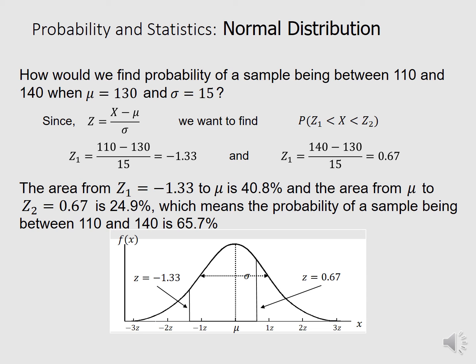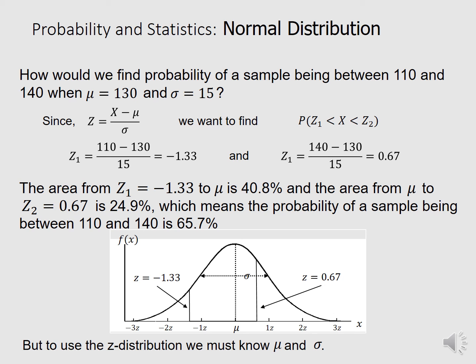This results in a value falling between negative 1.33 standard deviations below the mean and 0.67 standard deviations above the mean, or 40.8% of the values less than the mean and 24.9% of the values greater than the mean, giving us a 65.7% probability of sampling a value between 110 and 140.